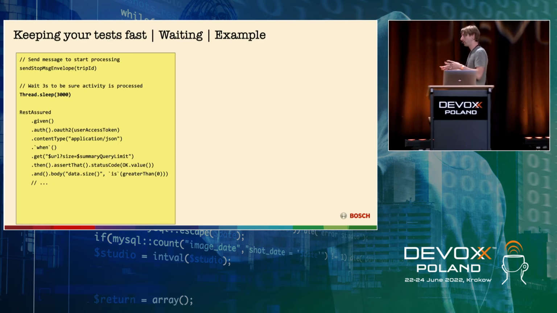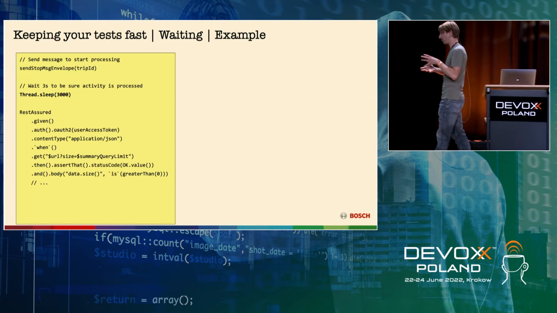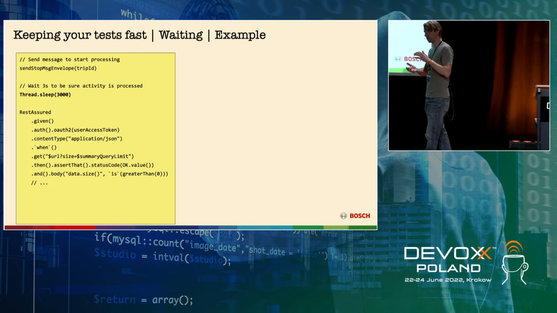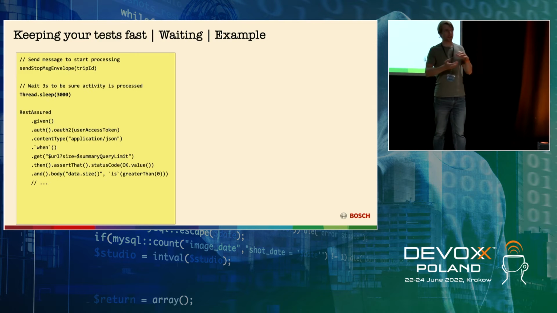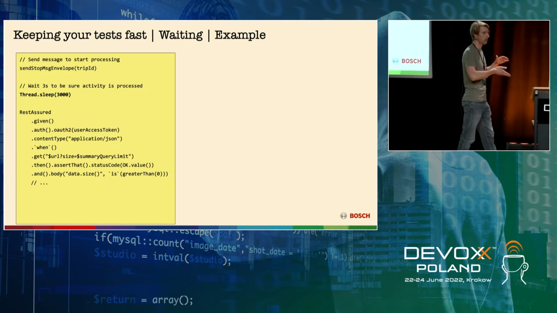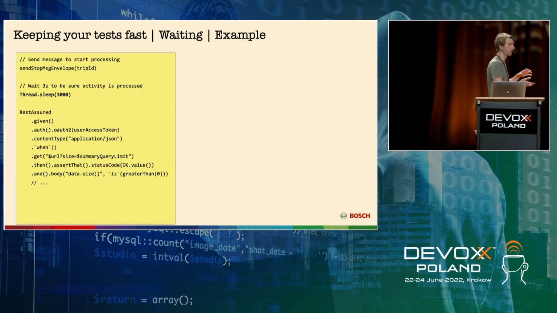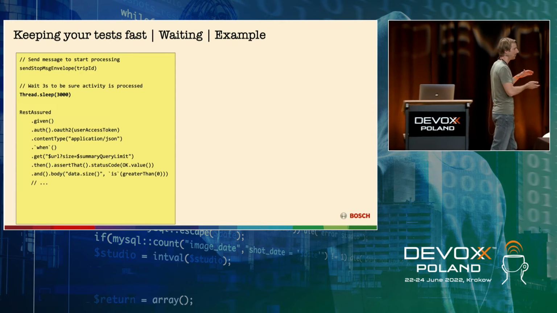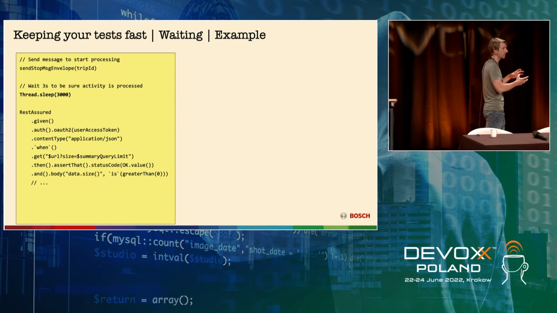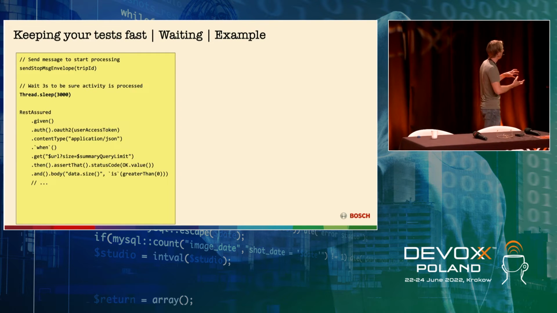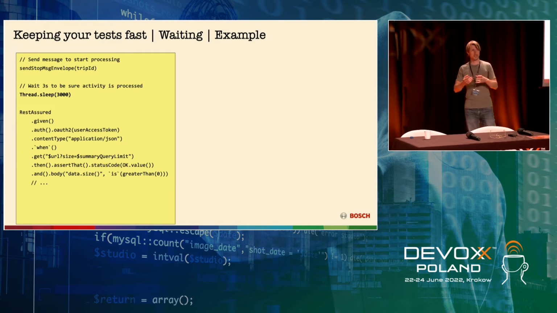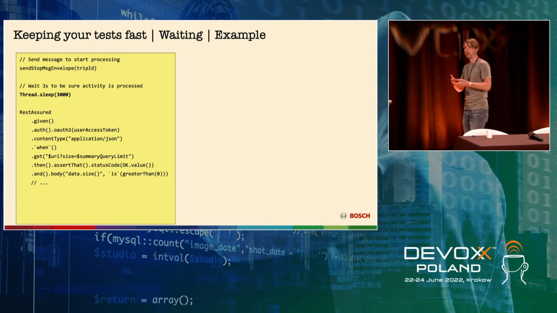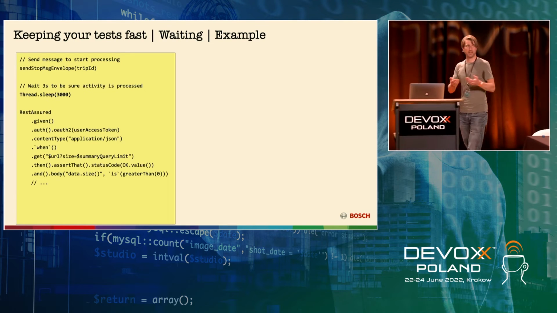What's happening here is we ingest trip data from the bikes, and these trips are always ended with a stop message. So if we get the stop message, we know we have all the data and the trip can be processed. So we process that, and once the processing is done, we offer it on a web API. And that's basically what we're testing here.